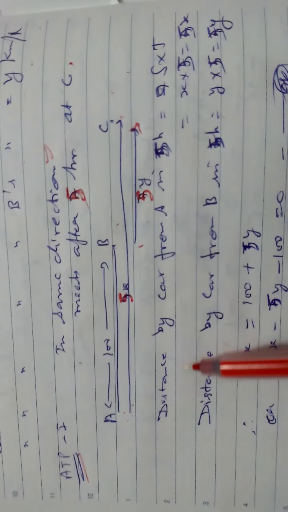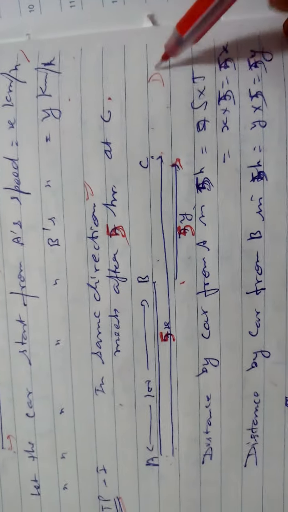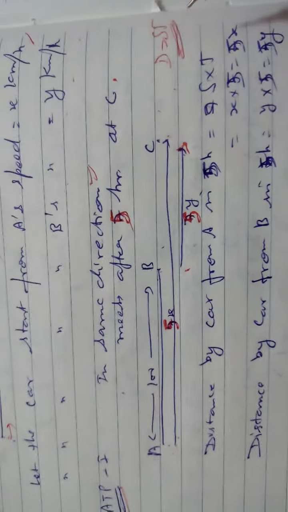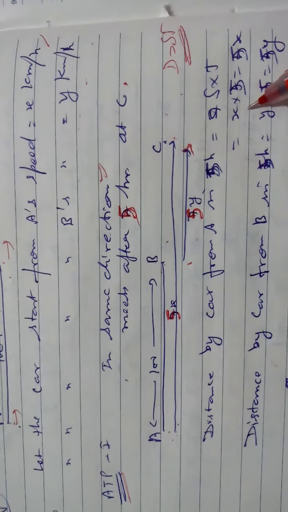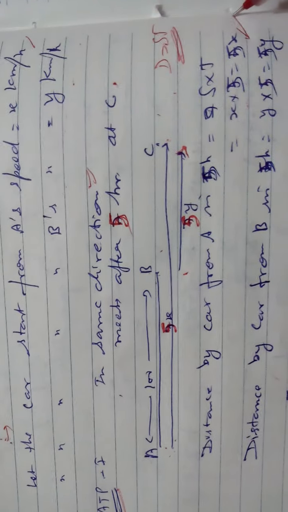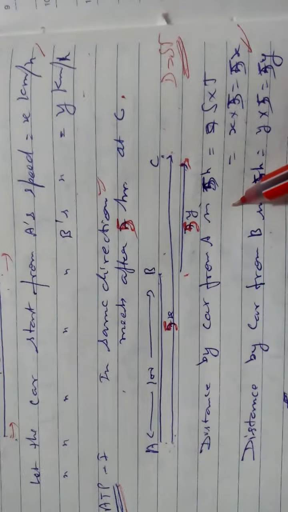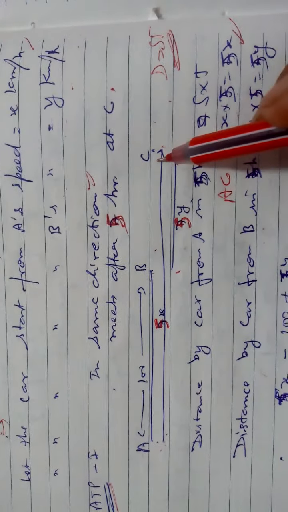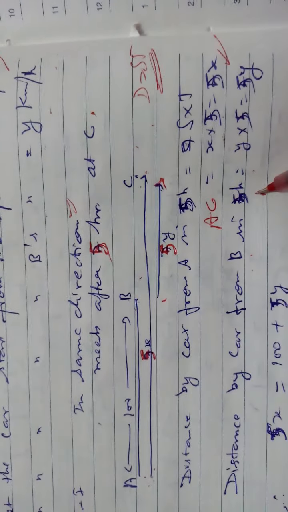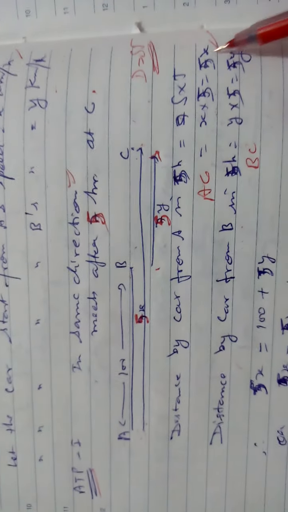So by the formula, distance is equal to speed into time. Do you know? Distance is equal to speed into time. Speed is x, time is 5, so distance is 5x. Distance covered by B is BC. According to the figure, you are getting 5x and 5y.